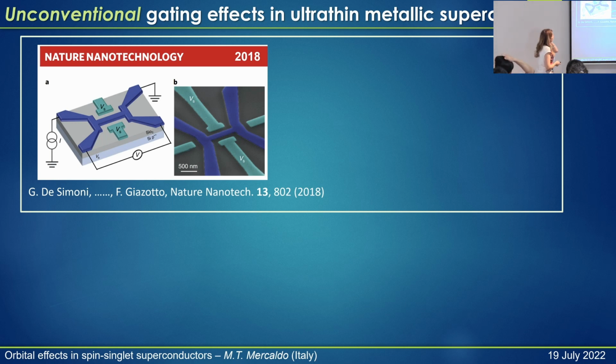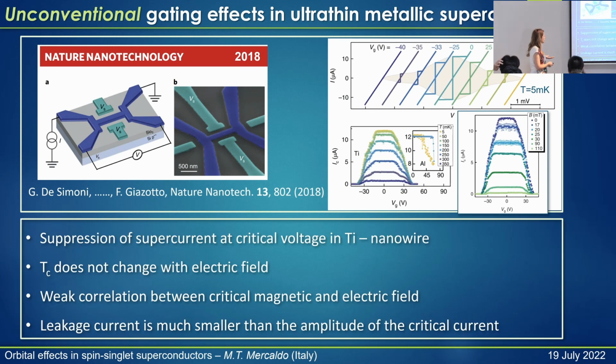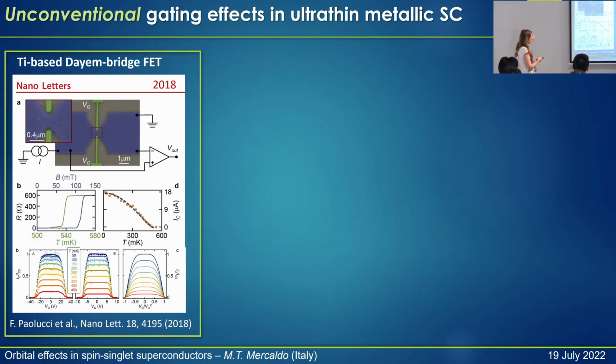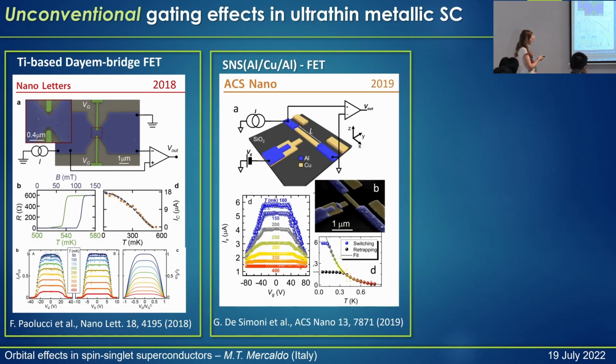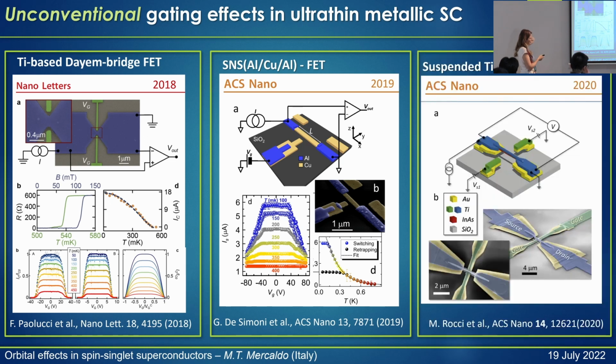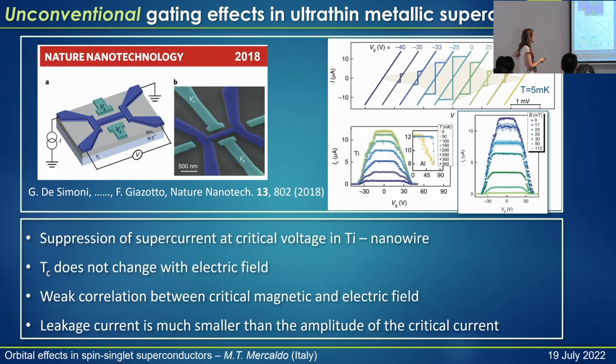I want to say this, that there are experiments, because physics is based on experiment. This is what we always say to our students, so it's good to have experiments. There are experiments with electric field applied to metallic superconductors, for example titanium, and then it has been repeated with aluminum and in other kinds of geometry, like suspended Nb nanobridges.